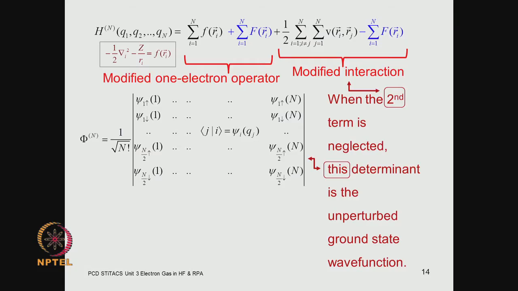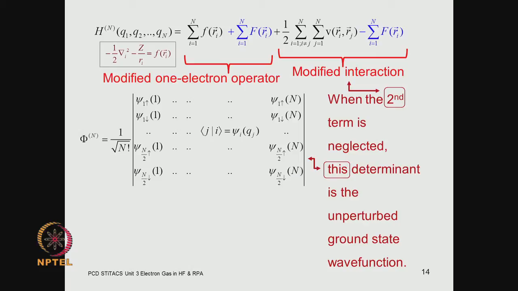When it is to be introduced, you will have a different Slater determinant, but when you do not include the modified interaction, you will have a Slater determinant which is a determinantal wave function for the n electron state, coming from the self consistent field solution for the n electron Hamiltonian, which is made up of the little f plus the capital F, which is the modified single particle interaction.